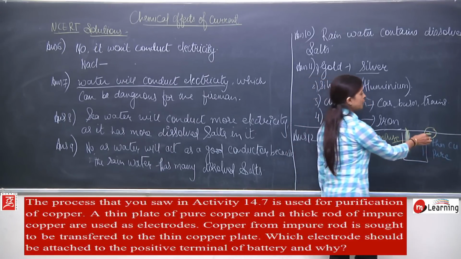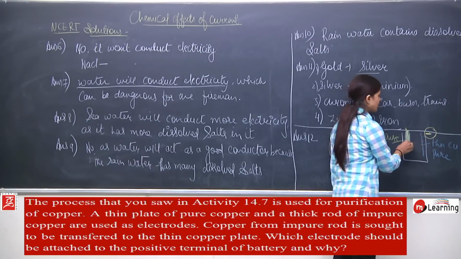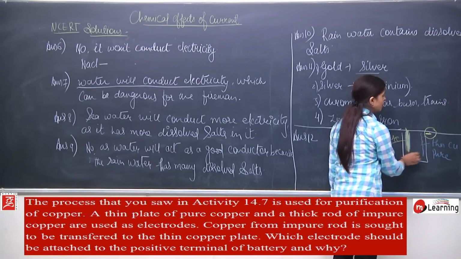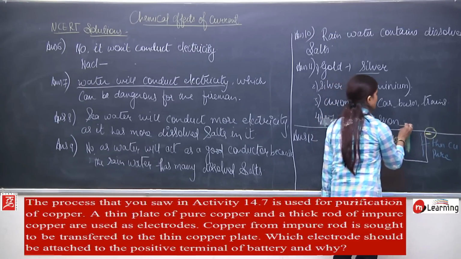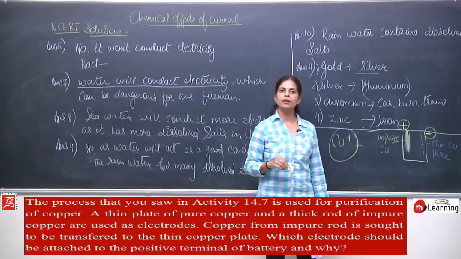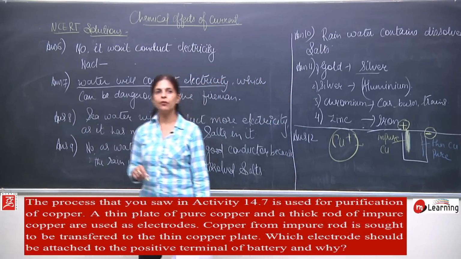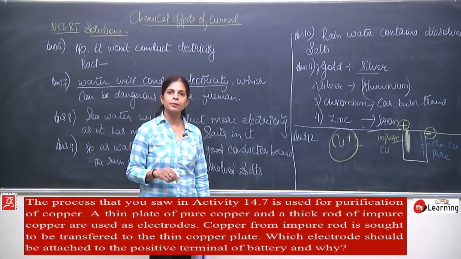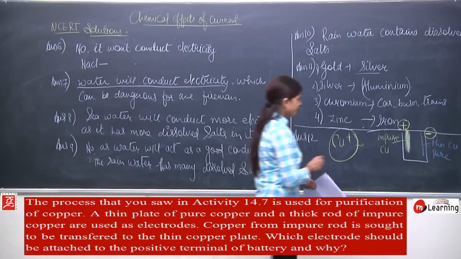The impure rod is the positive terminal, so the copper will dissolve in the solution, move towards the negative terminal, and get deposited on the thin pure copper plate.